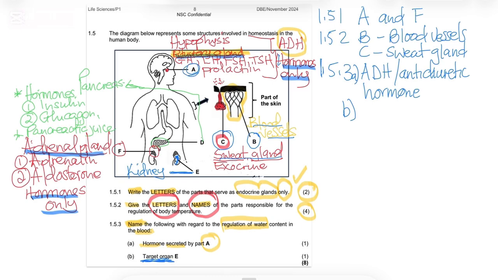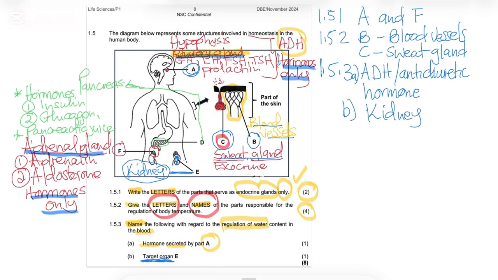Yes, this hormone is actually produced by the hypothalamus, but it's stored in the pituitary gland and then secreted into the blood by the pituitary gland. And it moves through the blood towards the kidney, which becomes the target organ. So the answer here is kidney.